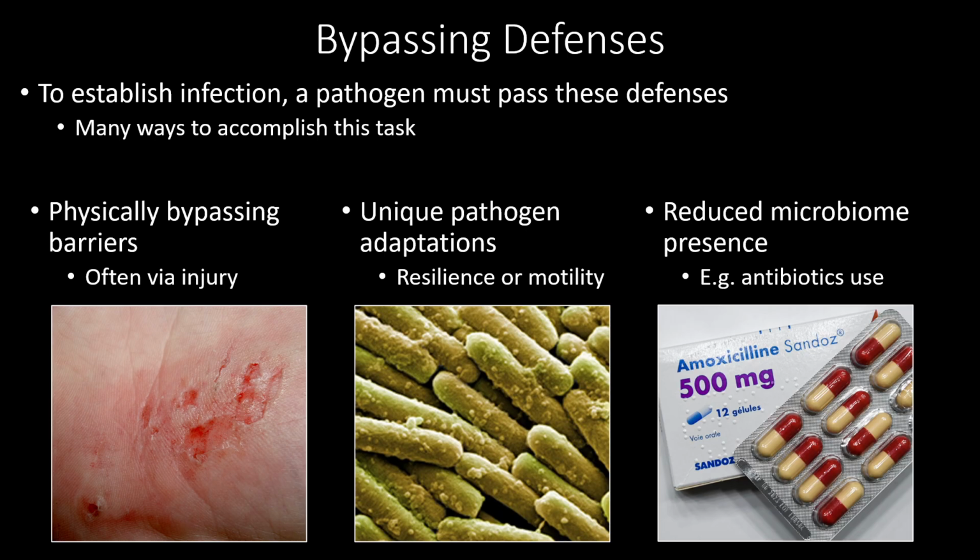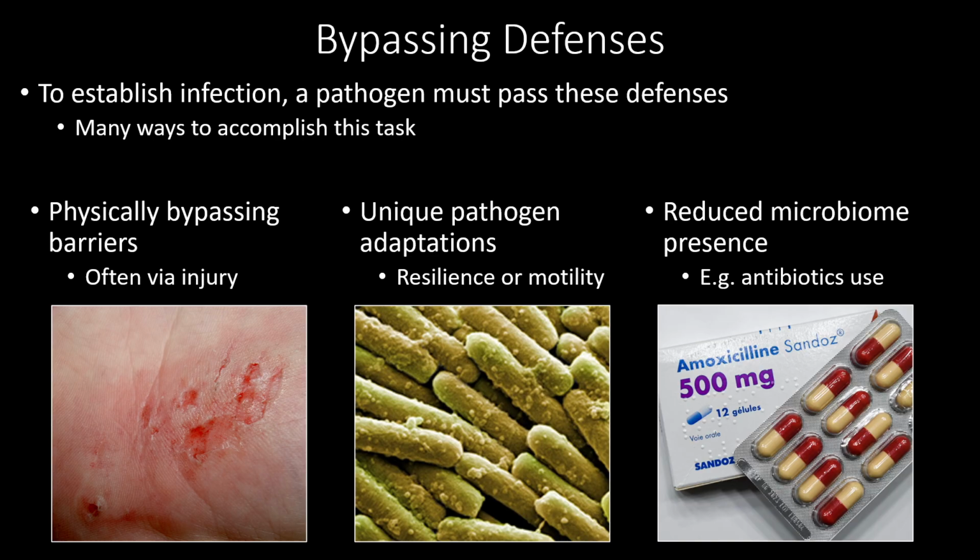So, all things considered, when we talk about bypassing those defenses in order to actually infect a person, a pathogen has to bypass those defenses in one way or another. And there are a few different ways that can be accomplished. One of them is simply physically bypassing some barrier. For example, an injury is a really easy way to physically bypass a barrier.